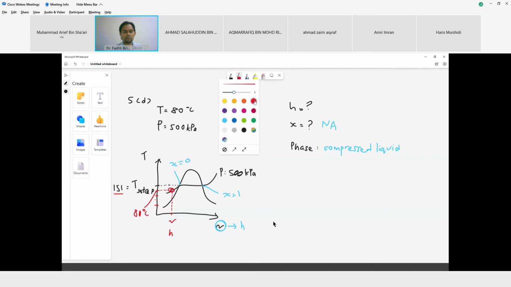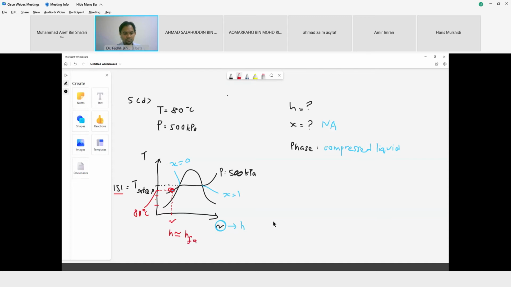Buka balik your lecture note. They have a rule for compressed liquid.